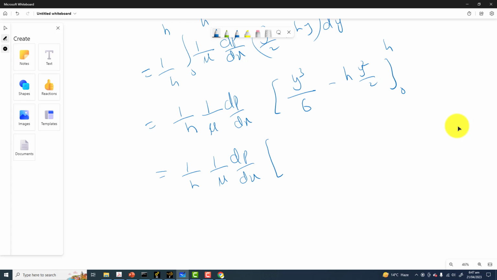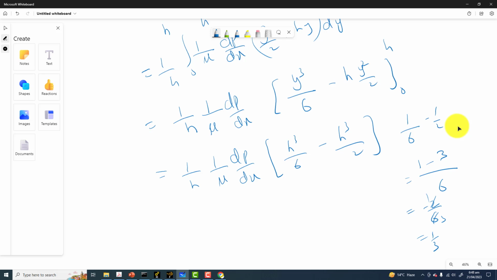So this is equal to y cube upon 6 minus, so y cube will be h cube upon 6 and this is also h cube upon 2. So 1 upon 6 minus 1 upon 2. So 6 is the LCM, so 1 minus 3 minus 2 upon 6 is 1 upon 3.